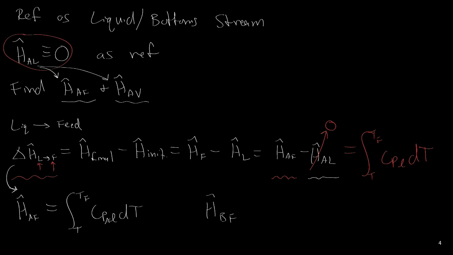This would be C sub P of A. The H hat of B for the flash separation would be T and TF, C sub P of liquid B dT. Now the next step would be to calculate going from the liquid stream to the vapor stream, and this is at T and P because they are in equilibrium with one another.